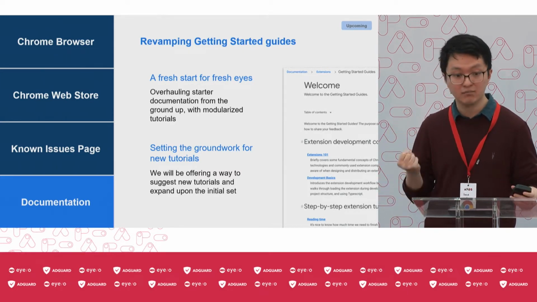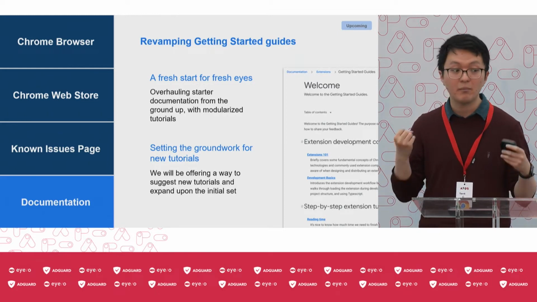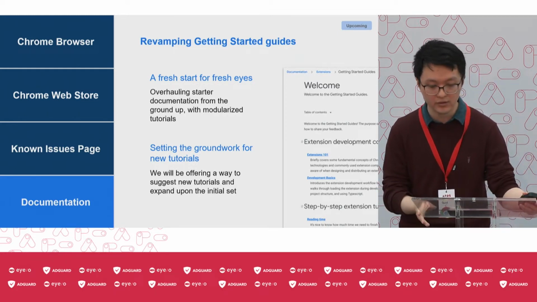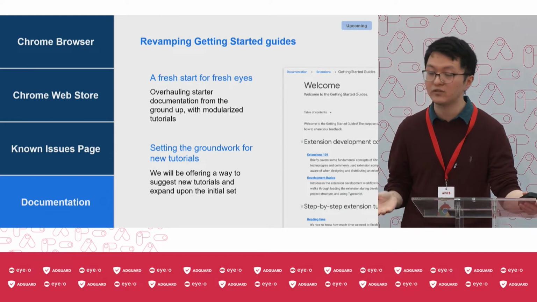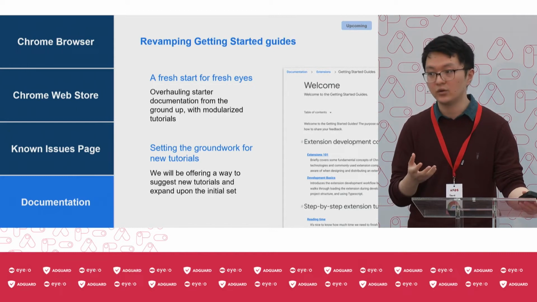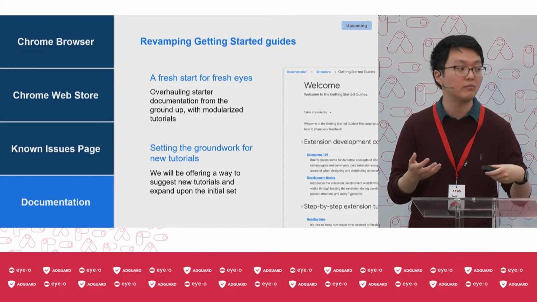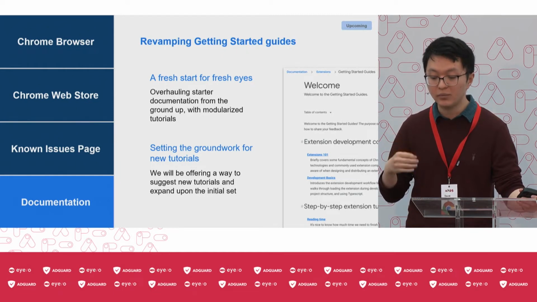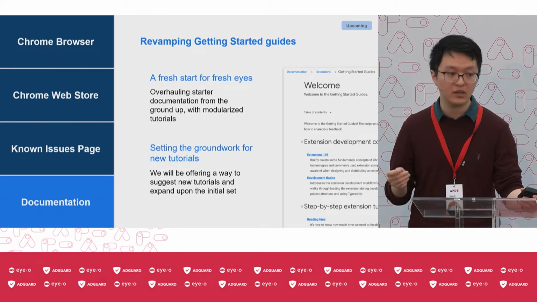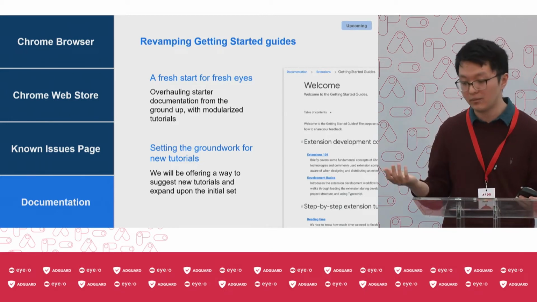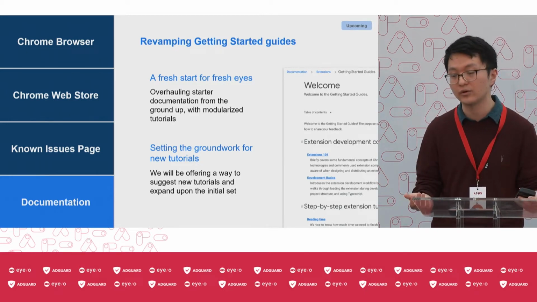So more compact, modular tutorials. But the important part is that we're setting the groundwork for new tutorials in the future. We'll be offering a way for developers to suggest new tutorials, like maybe with new APIs that you're curious about how we best can use. You'll be able to suggest these, and that means that as we take in feedback, that opens up the possibility of advanced tutorials in the future.